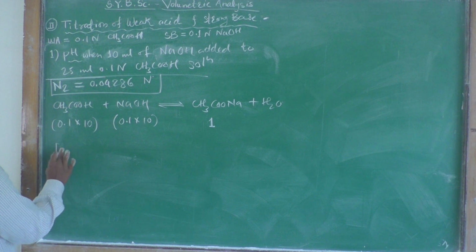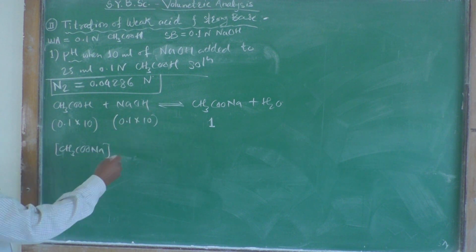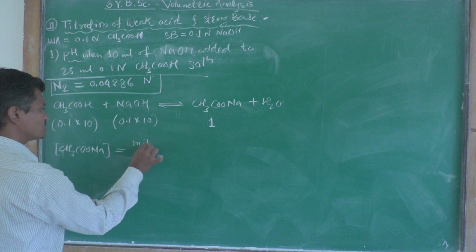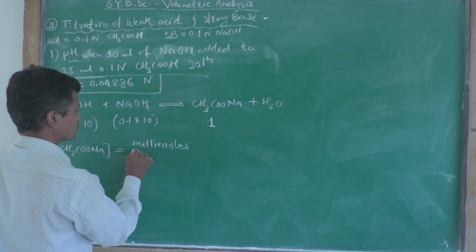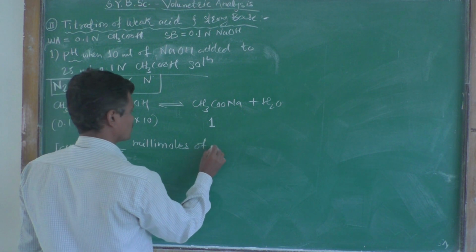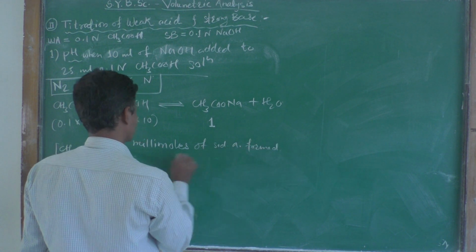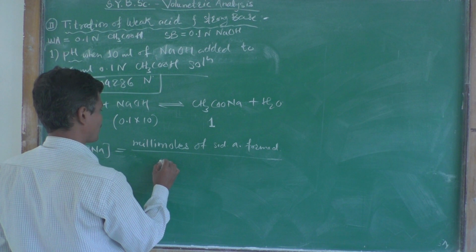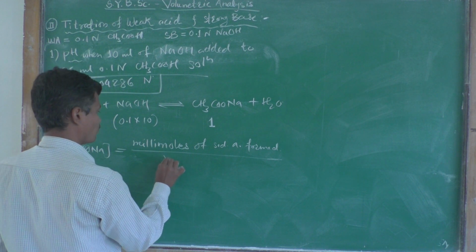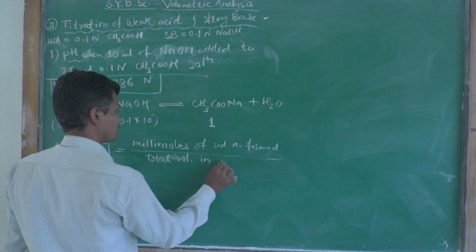So the concentration of sodium acetate, CH3COONa, the concentration of the sodium acetate formed can be calculated as millimoles of sodium acetate formed divided by the total volume in ml.